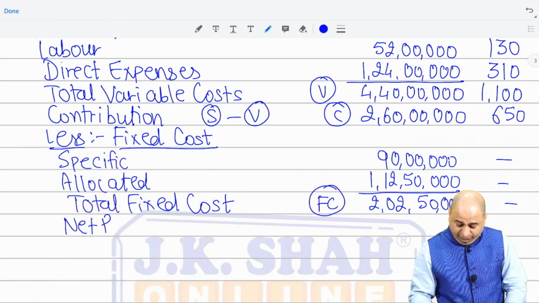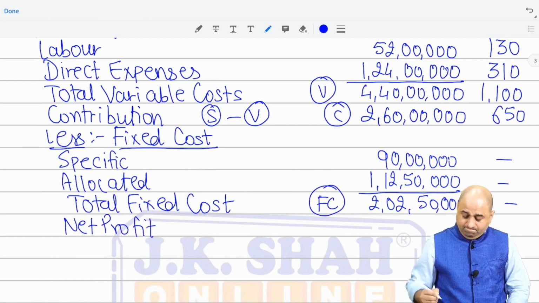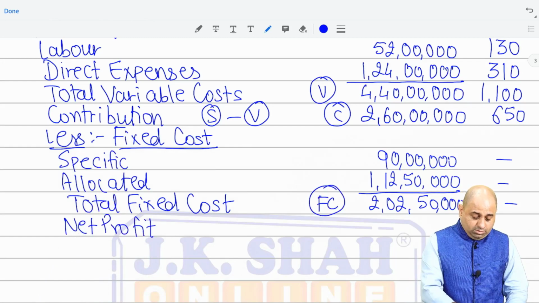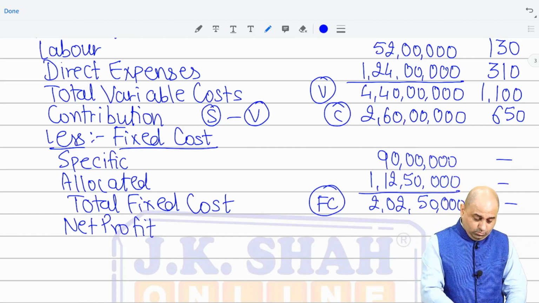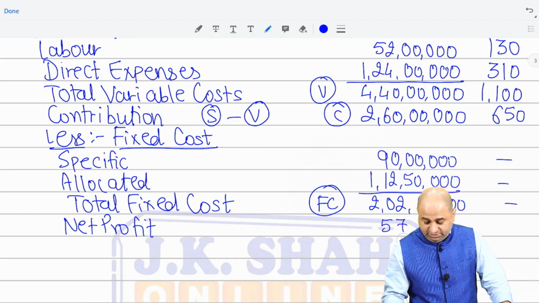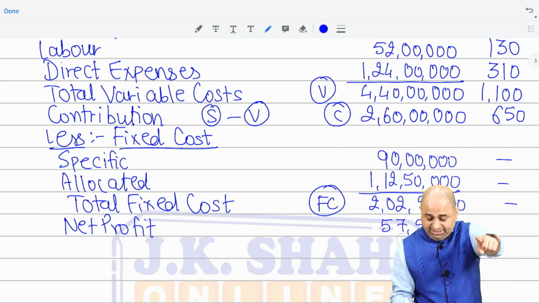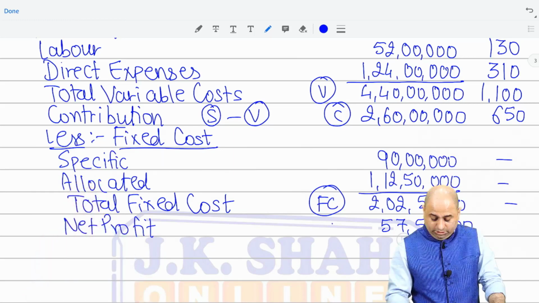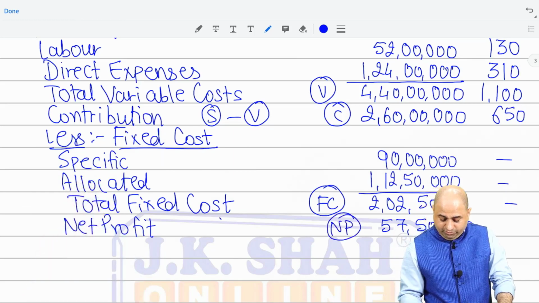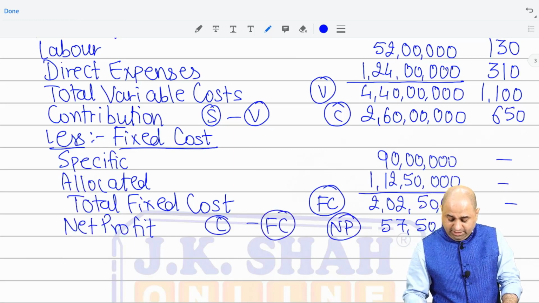So I will get the net profit. 2 crore 60 lakhs minus 2 crore 2 lakhs 50,000, 57 lakhs 50,000. Naturally, that is the profit which they have given in the question. That will be your NP, which is C minus FC.